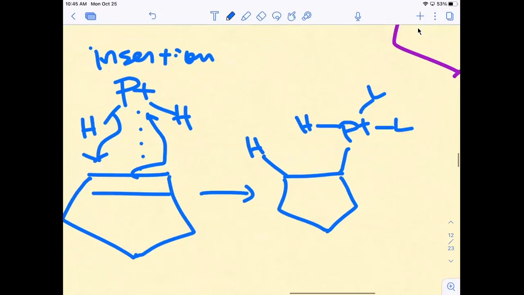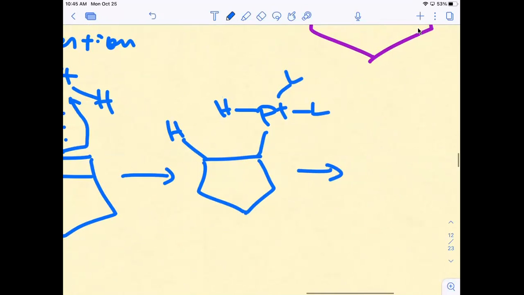And then the next step, you get elimination, reductive elimination. And that's going to give you this. And it's going to put that other hydrogen out here. And then it's going to regenerate your platinum catalyst.